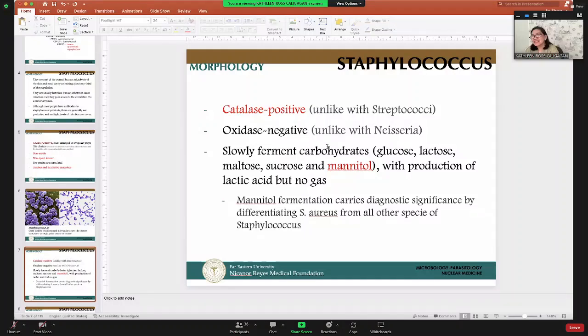This will differentiate Staph aureus from all other Staphylococcus. Only Staphylococcus aureus is capable of utilizing mannitol as a source of energy. Did you get that? Huh? Lagi din tinatanong yan. Mannitol fermentation test.